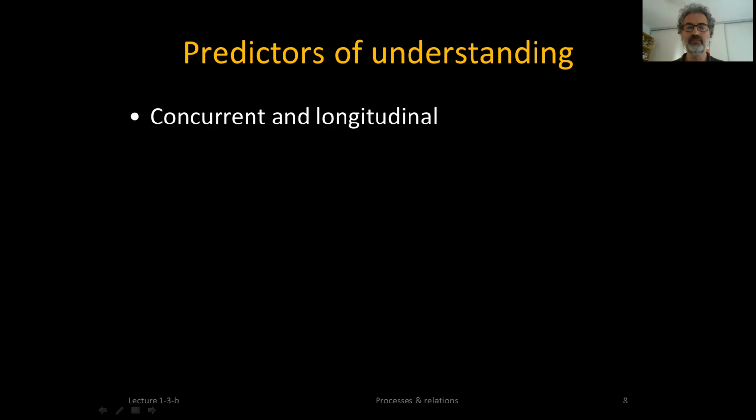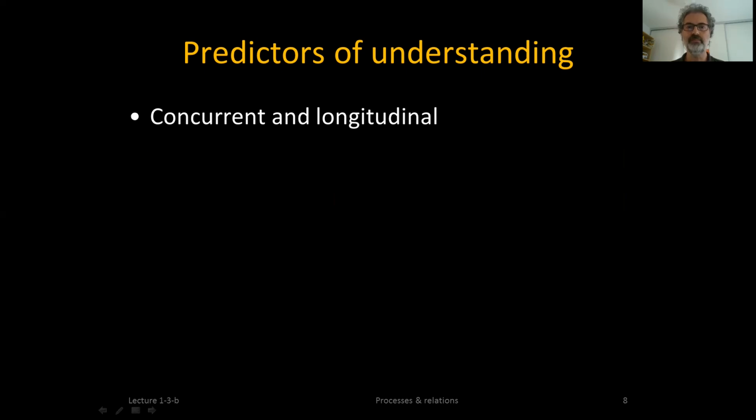A longitudinal predictor is something that we can measure in advance in order to predict what their comprehension will be later. So for example, for a concurrent predictor, we might want to measure someone's current vocabulary and see if that predicts how well they understand.